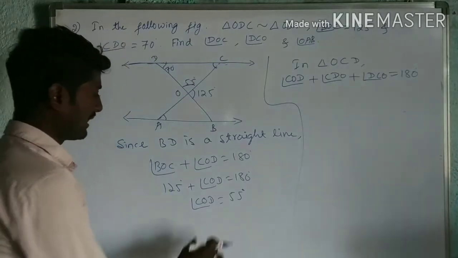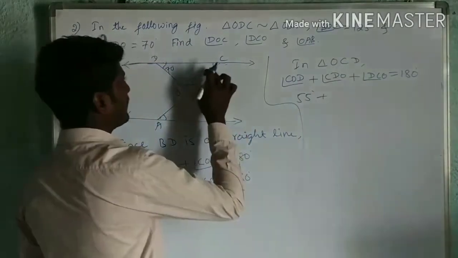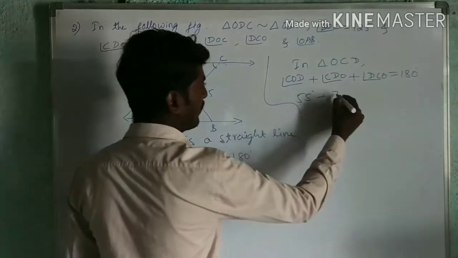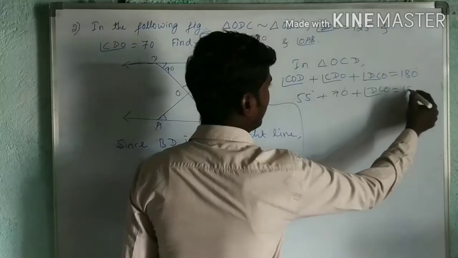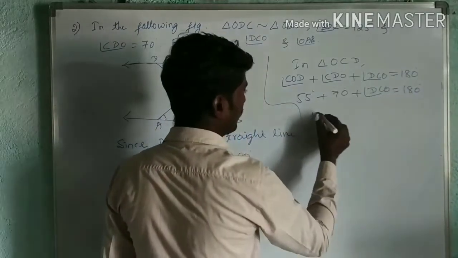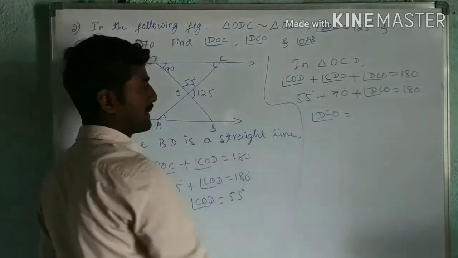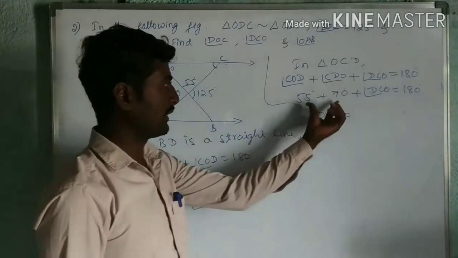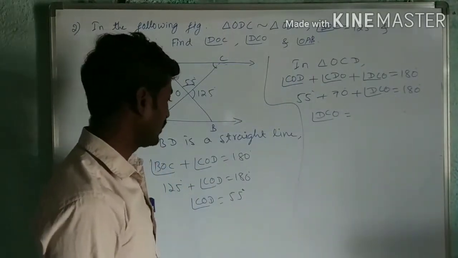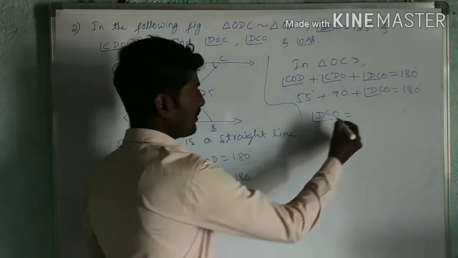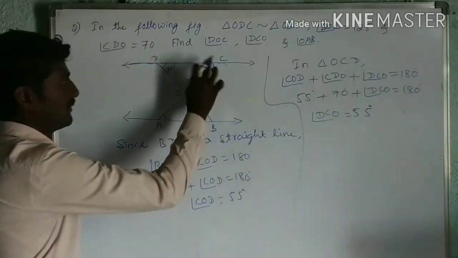Now COD is 55 degrees plus CDO, that is 70 degrees given, plus DCO, which we have to find, is 180. So DCO is equal to 180 minus (70 plus 55), that is 180 minus 125, which is 55 degrees. Okay, DCO is also 55 degrees.